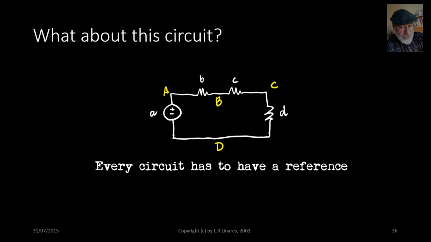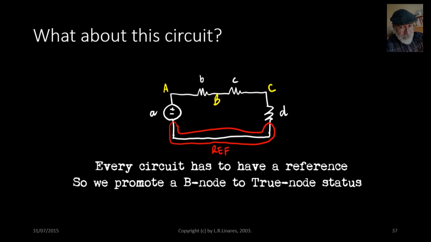So what we do is we take one of those binary nodes and we promote that node to true node and name that the chosen reference for voltages. I've chosen the one at the bottom. That's my reference. And now it's a true node. By decree, I have promoted it. So a circuit has at least one true node, one by decree in this case.